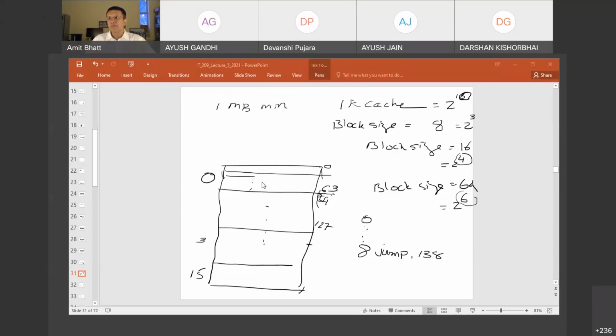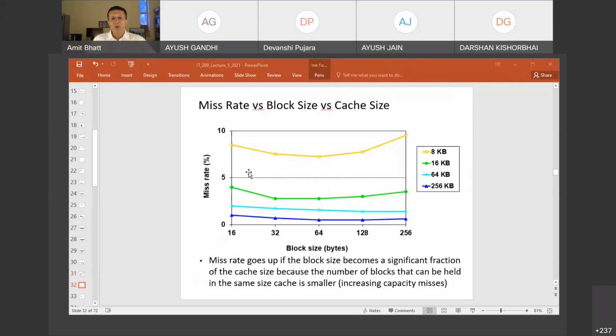But you have to work for a general case, because 95% of the processors in the world are general purpose processors. People can do anything they want to. So we want to find out the optimum size, and that can be done only with the help of what we call benchmarking programs.